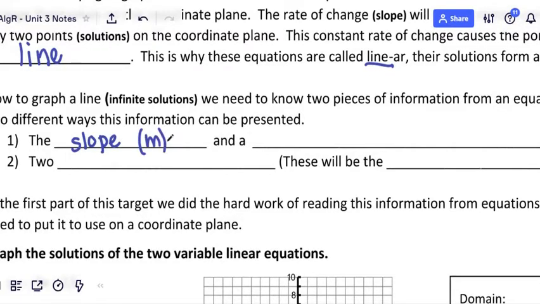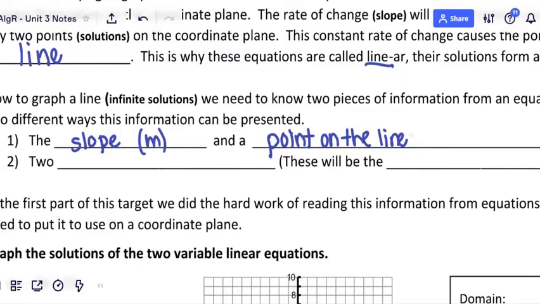That's right, m, and a point on the line. That might be if you are using slope-intercept form. Your point or solution would be the y-intercept, and then from there you would graph the slope.